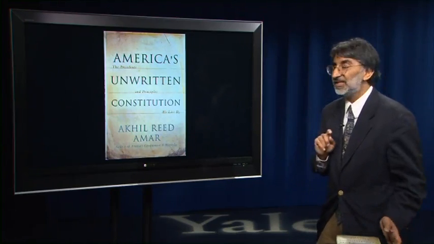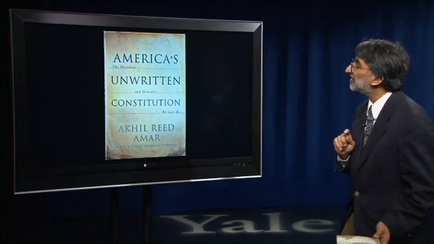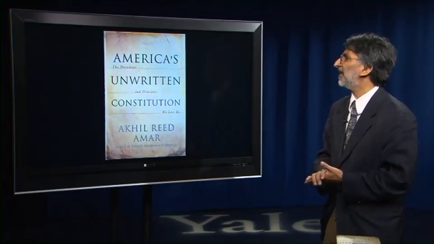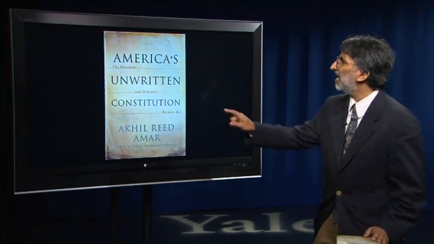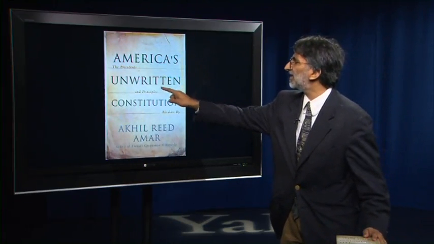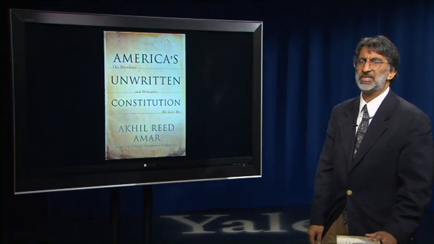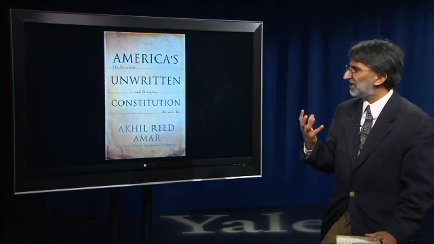But here's something I want you to notice. If you actually just read it using the standard rules of English from left to right, here's how it reads: America's, the precedents, unwritten, and principles Constitution we live by, which is totally garbled. Okay? Here's how we just read it.